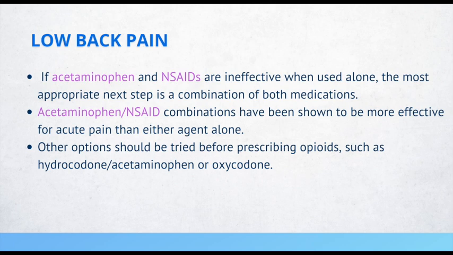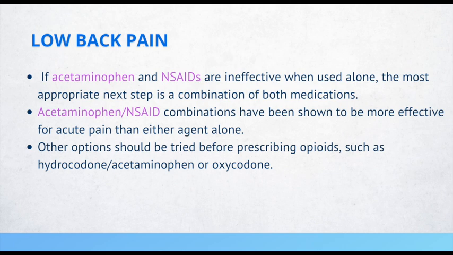Other options should be tried before prescribing opioids, such as a hydrocodone acetaminophen combination or oxycodone. You can also implement short-term use of muscle relaxants with NSAIDs as well. Basically, you want to try every combination and everything you can before going to opioids. So opioids should not be your first step when a patient comes in with low back pain.